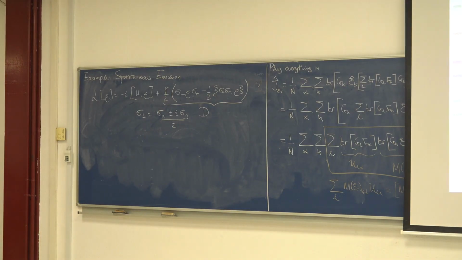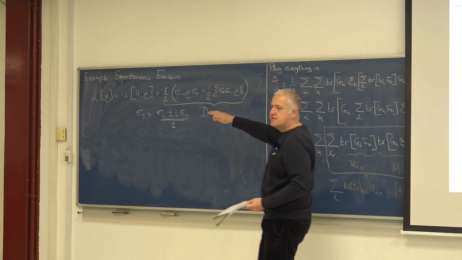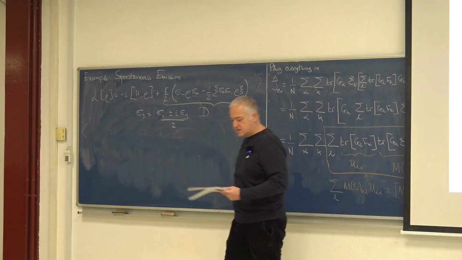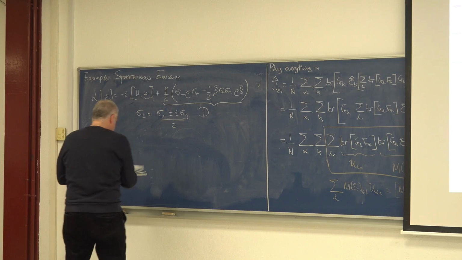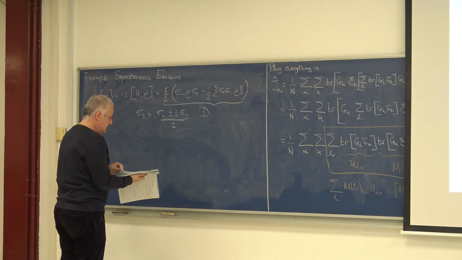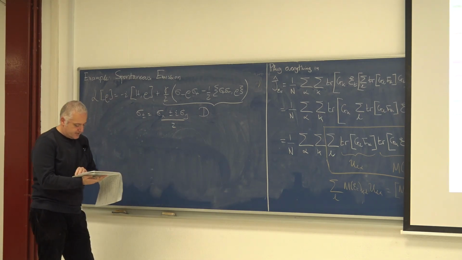If you work out the dissipator, like we did, in other words, you put the Hamiltonian as the identity and work out the Kraus operators of the dissipator, then, let me just make sure I get the conditions right.